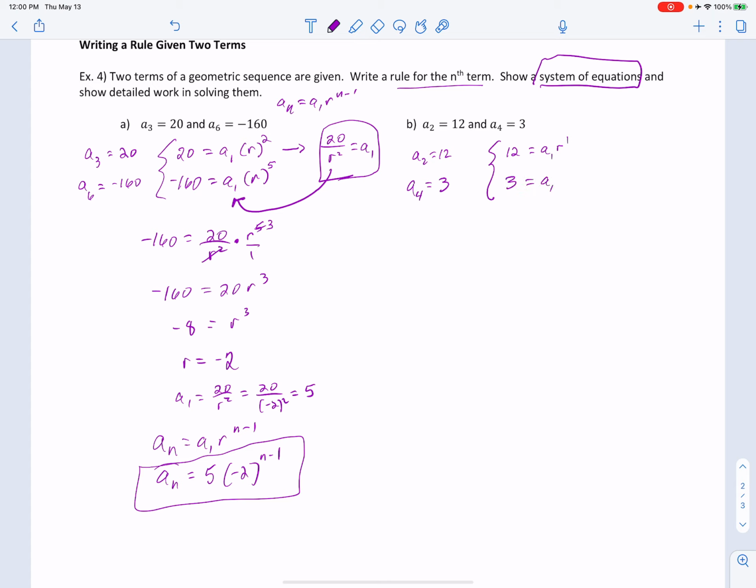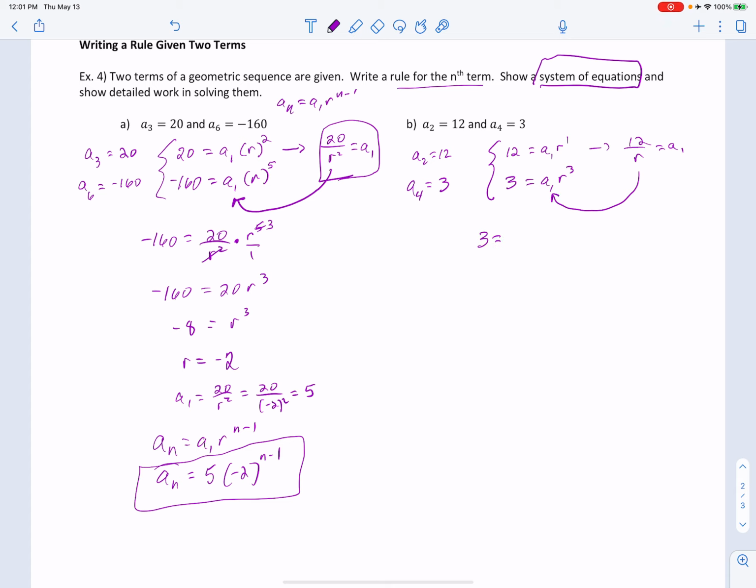A sub 1, it would be r to the third, because it's always to the n minus 1, and n in this case is 4. So no matter what, I want to see the system, and I want to see them solved the way that I'm solving them. So take this first one and divide by r, so that you have it solved for a sub 1. And then substitute that into the second one for a sub 1.